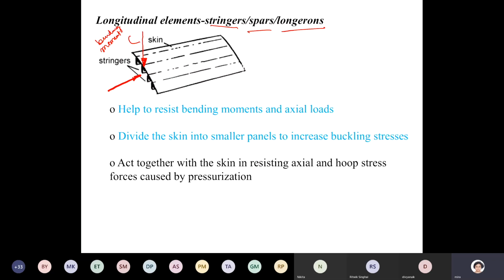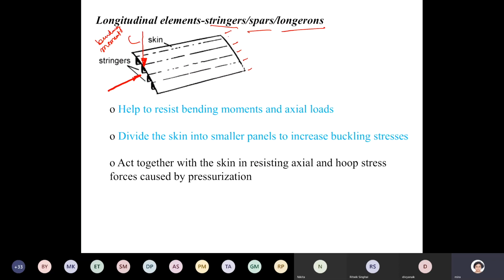The second important job of the stringers, or longitudinal elements, as I mentioned earlier, is that they divide the skin into smaller portions. The skin is divided into smaller parts by these stringers, and thereby they increase the buckling stresses, or rather prevent buckling of the skin and the large deformation that happens due to buckling.